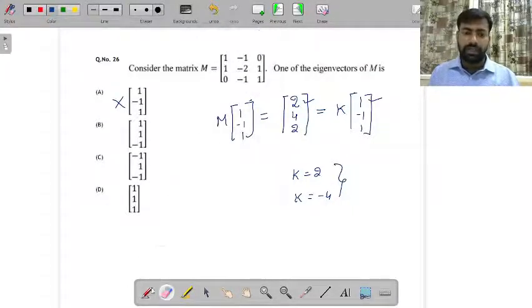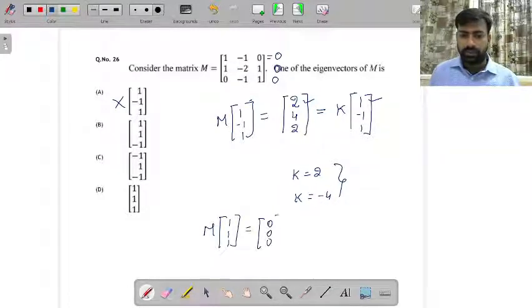So what is the column sum here? The first entry will be 0. The second entry 1, negative 2, 1. When you add it, you get 0 and the result will be 0. So now M times 1, 1, 1 gives us 0, 0, 0.